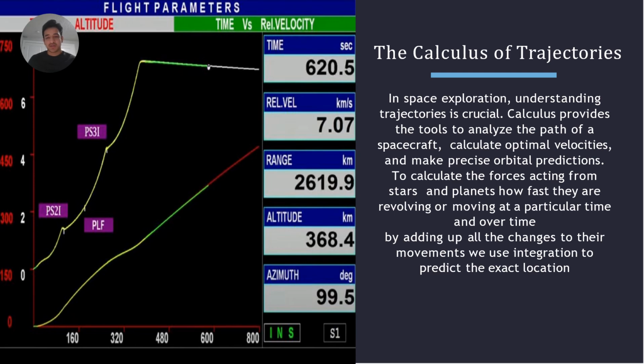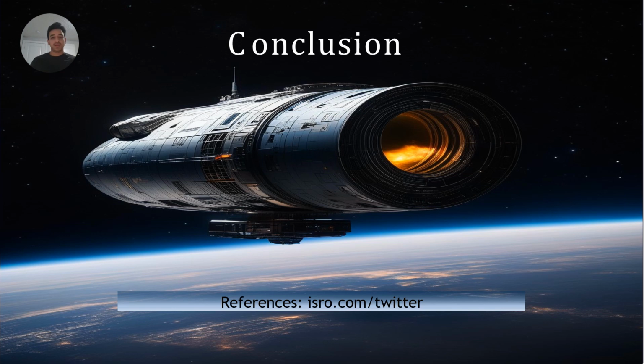For the calculation of star and planet trajectories, we use calculus, mostly integration, because using particular time data of where it is revolving and moving, we add up all the data, and we can predict the exact location of that planet in the end.